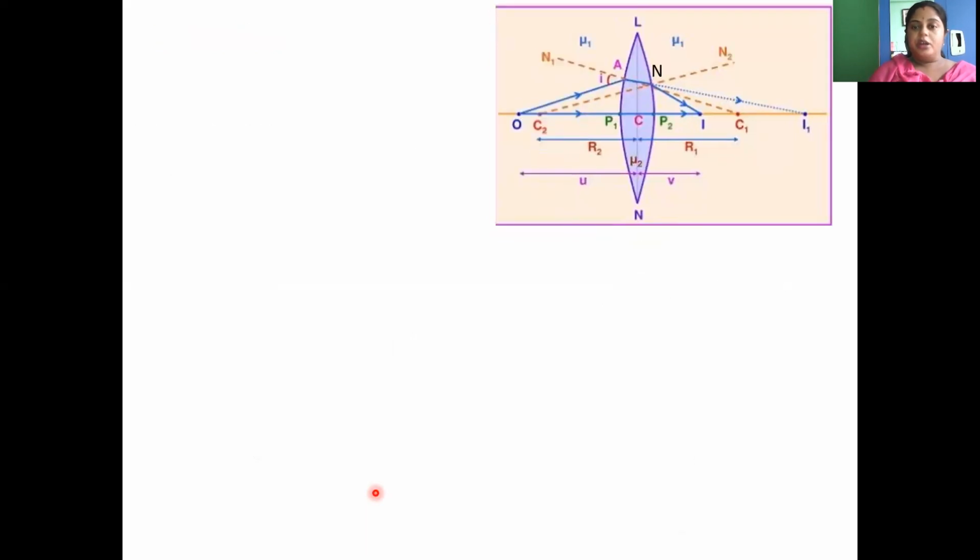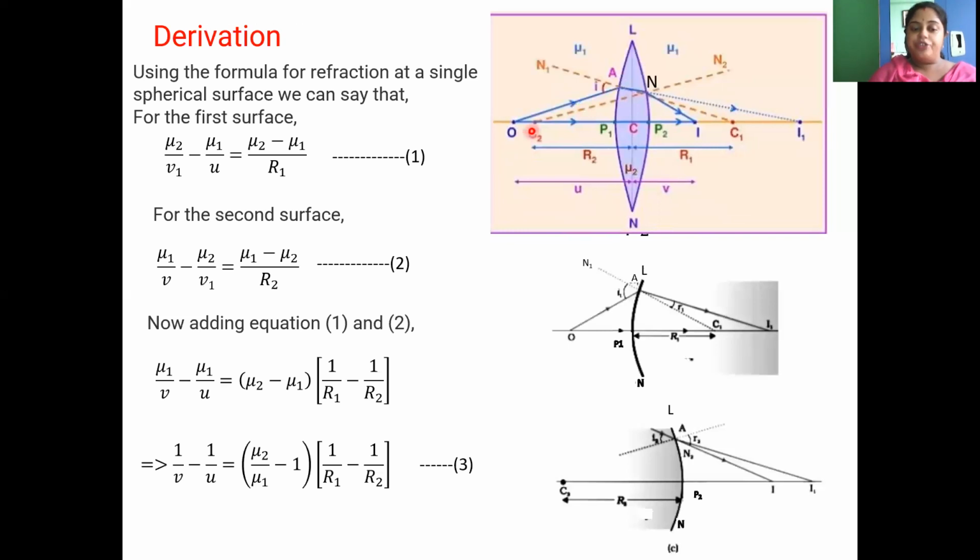Now, if your object, that is O, is placed at infinity, then we know that the image will be formed at focus. That means here the image distance will be the focal length. So in equation 3, you can put u equal to infinity.